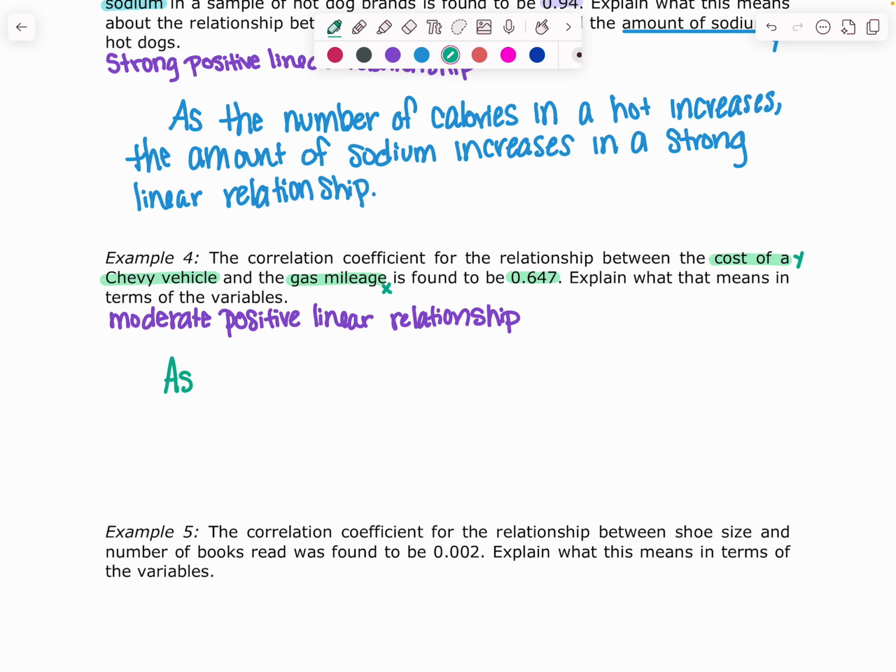So as the gas mileage increases, so that's like how many miles to the gallon are you getting? Are you getting a lot or are you getting a little?